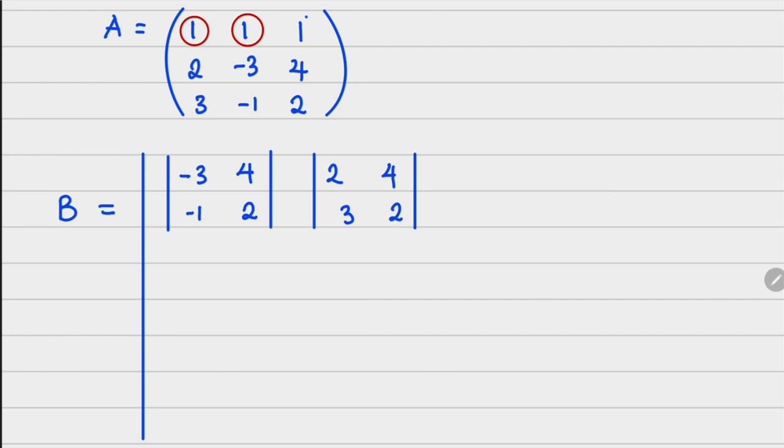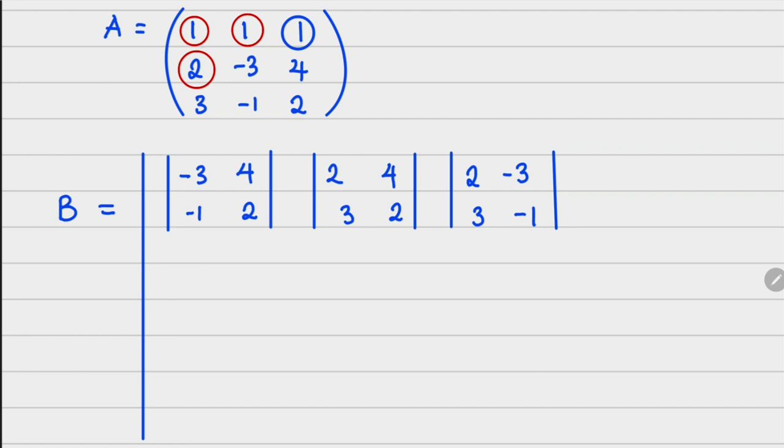Once I cover this one, what I'm going to be having will be a matrix of 2 minus 3, then 3 minus 1. But that is not all. We'll continue. Now, that is the difference between this and that determinant thing we did.